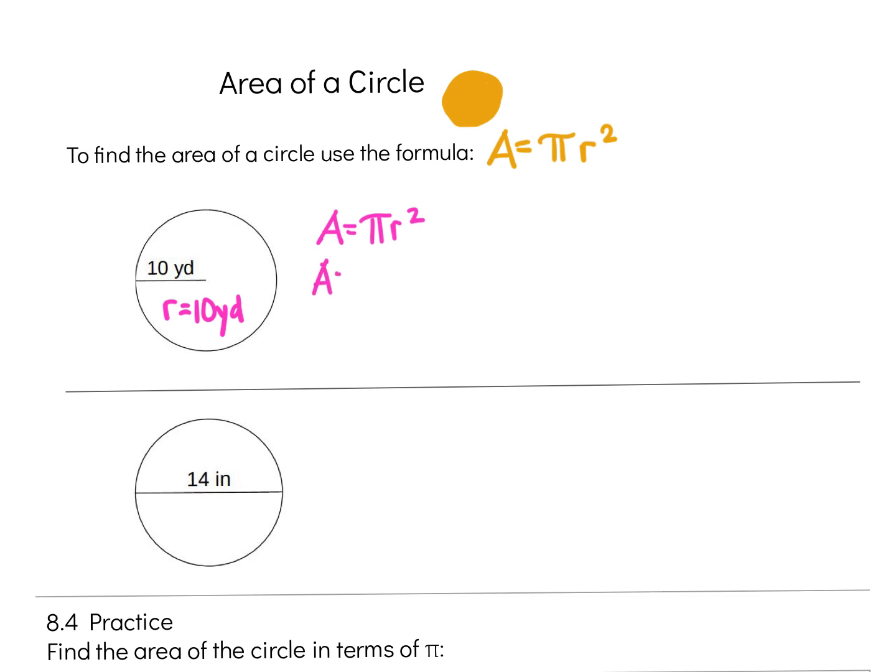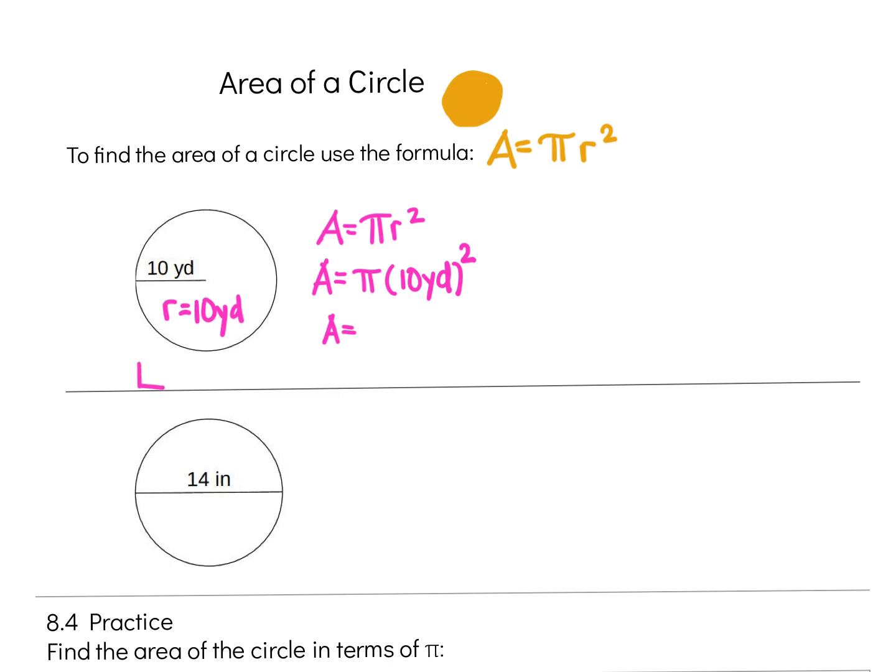Area, now we're going to substitute in what we know. We're going to substitute in 10 yards for the radius, and that is squared. So that's that number times itself. So let's start with using our calculator. We're going to round this one to the nearest tenth. So when we plug in, use the pi button times 10 times 10, or you can use the x squared button.